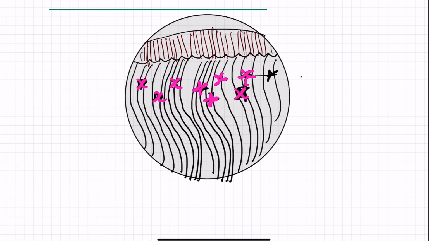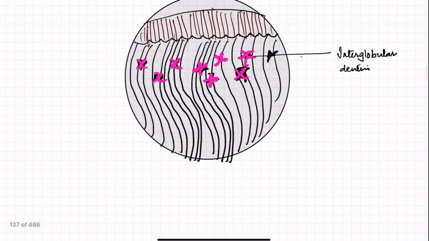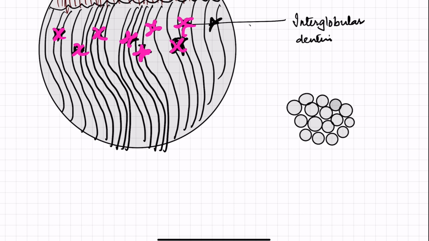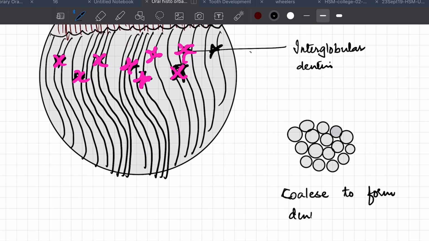So let us see the diagram. These areas are the interglobular dentine. The star-shaped areas are the interglobular dentine. How are these formed? The globular calcification takes place just like the marbles, like this. These coalesce to form the dentine mass.